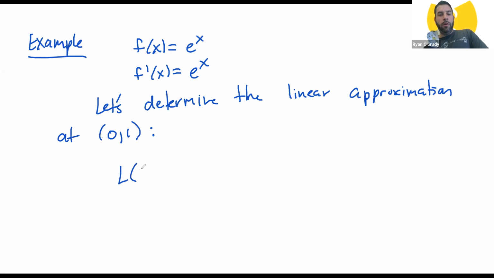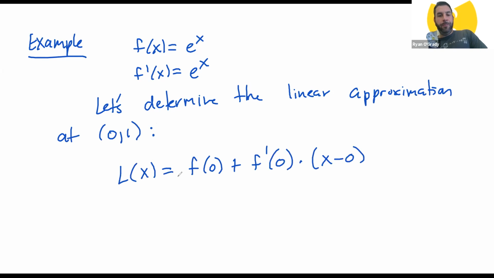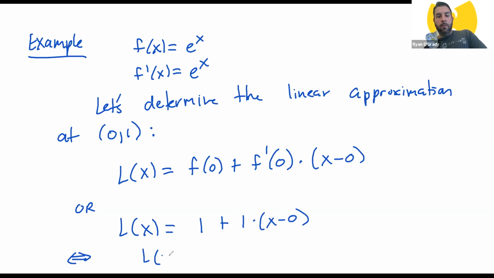So we know that L of x equals f of 0 plus f prime evaluated at 0 times x minus 0. And if I plug those in, I get L of x equals 1 plus 1 times x minus 0, which of course, if we write it like a normal human being, would be 1 plus x.